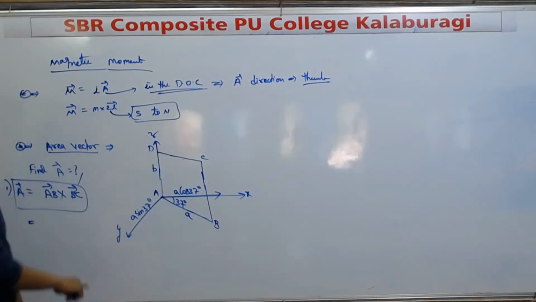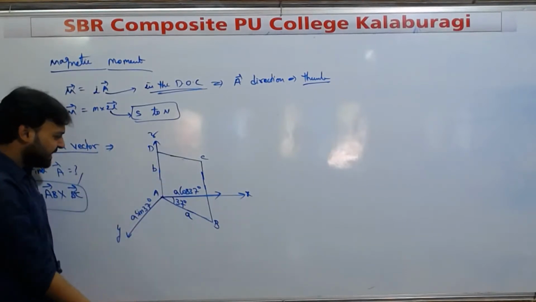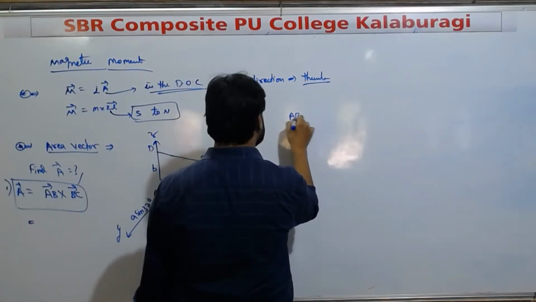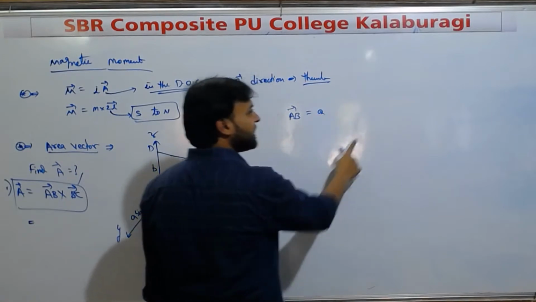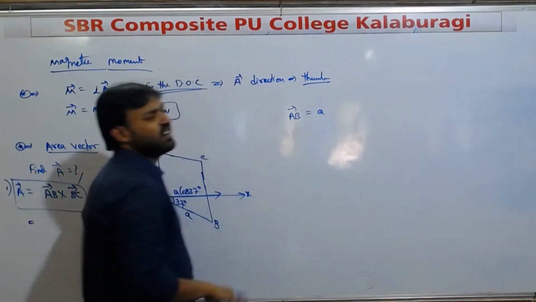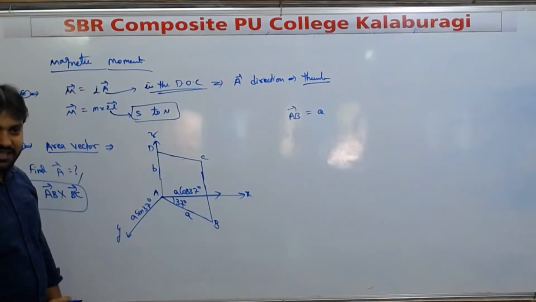According to me, I have written y here. My question might differ; if you want, you can change. Happy with this XYZ or can I change? I can take it, not a problem. So now what can I write? A B bar I can write as A cos 37, with the 3, 4, 5 triangle. Yes or no? Understanding or not? It's not a problem. No, not understanding.